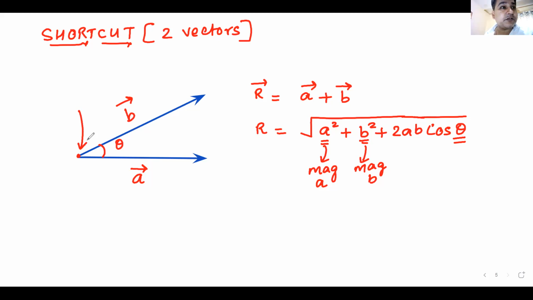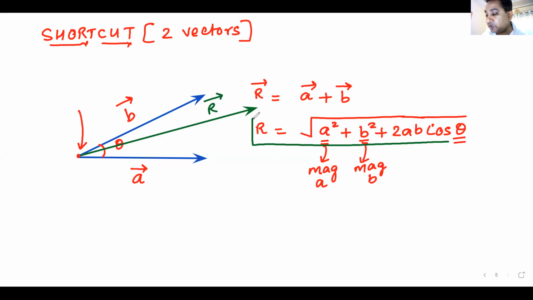Now, look very closely. The resultant of these two vectors would be going in some particular direction like this, in between these two, and this is the resultant vector R. You have already found out the magnitude of this vector.